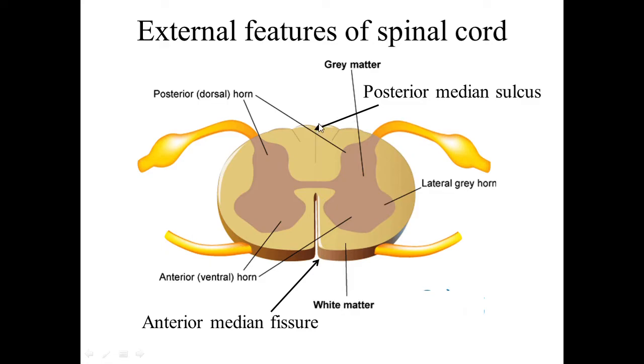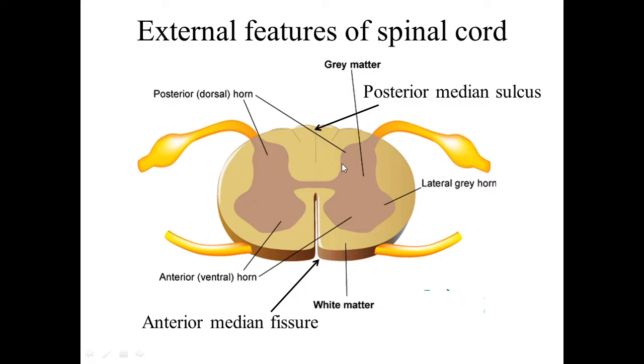Posteriorly, if you see the posterior aspect, there is a shallow groove called the posterior median sulcus. This posterior median sulcus extends the entire length of the spinal cord.